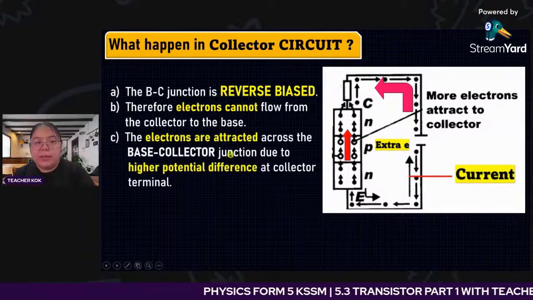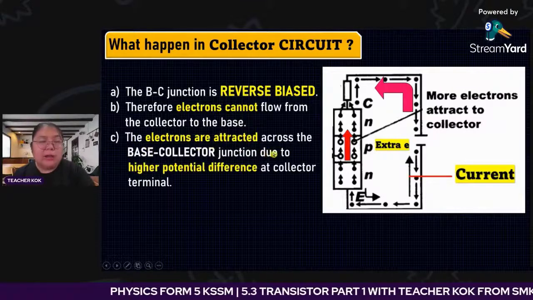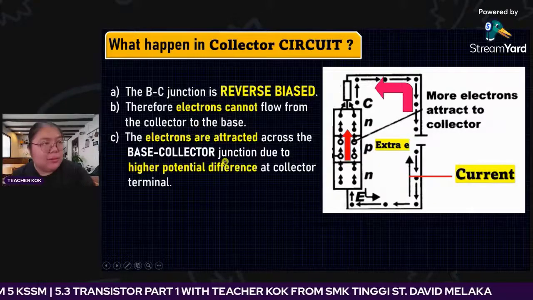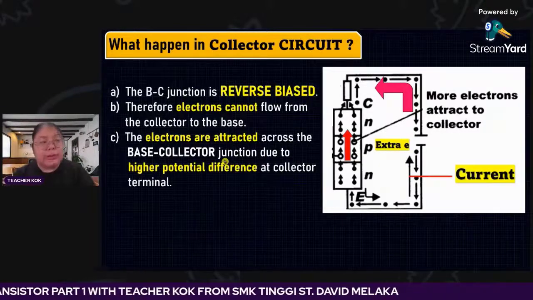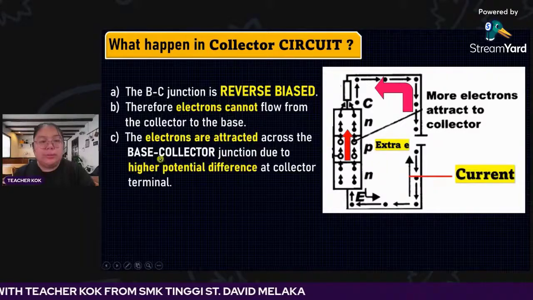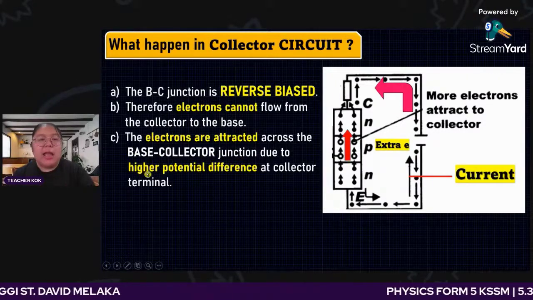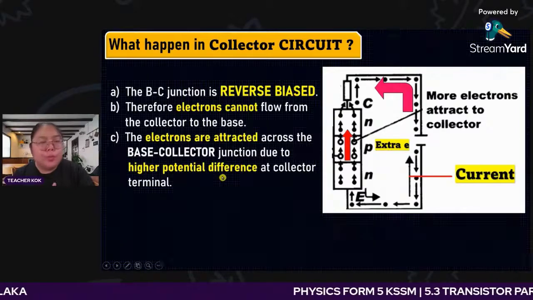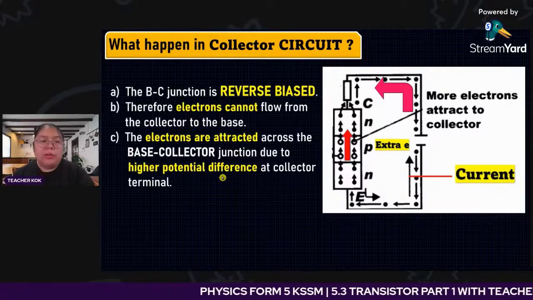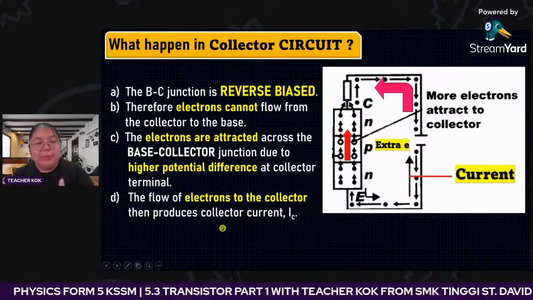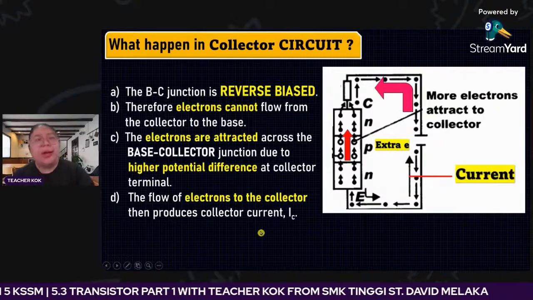So from here, what happened? The electrons are attracted across to the base-collector, drift until they go to the collector due to the base-collector junction. Then after that, the higher potential difference pulls the electrons to go. Finally, the flow of electrons to the collector produces the collector current.